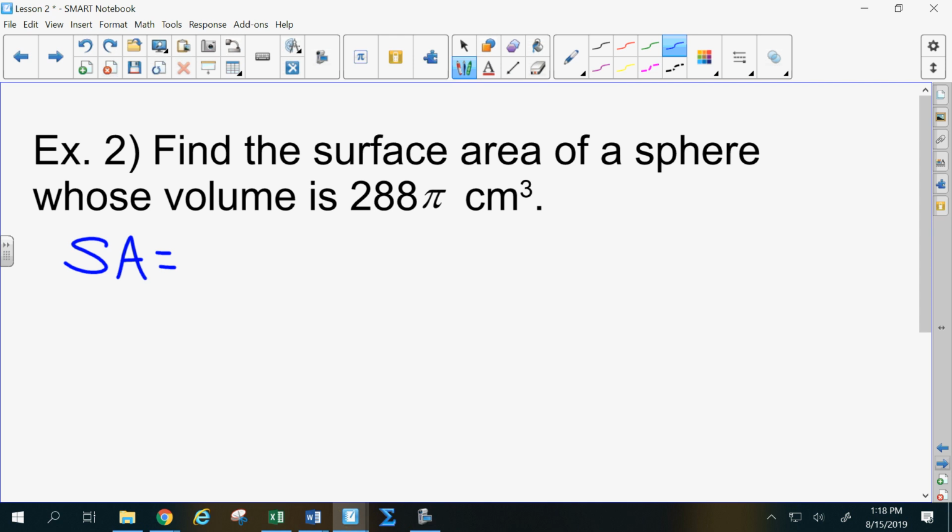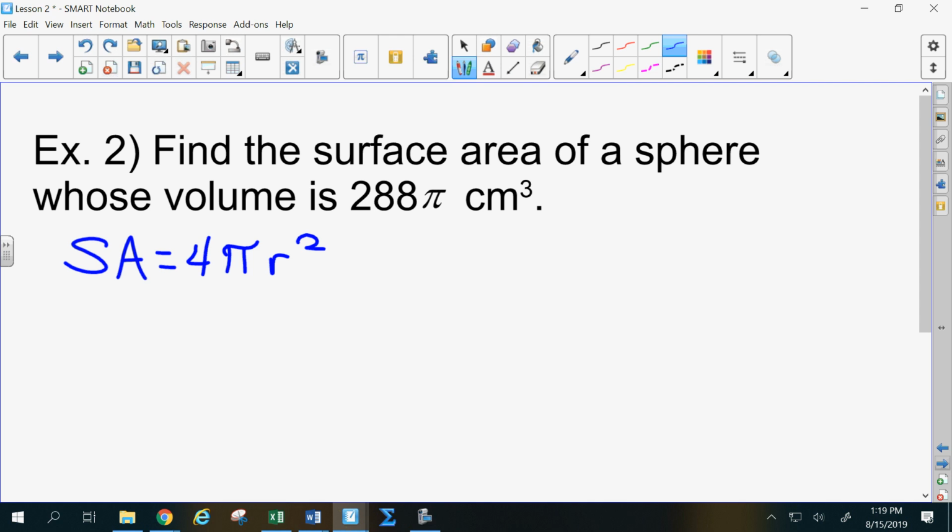The threes have to go together in our formulas. It's either 4/3 pi r cubed or it's 4 pi r squared. So it's going to be squared because it's surface area, so just 4 pi r squared. Thank you, though, for taking that risk. I do that kind of thing all the time, and I'm glad to have the opportunity to reinforce that. So 4 pi r squared.